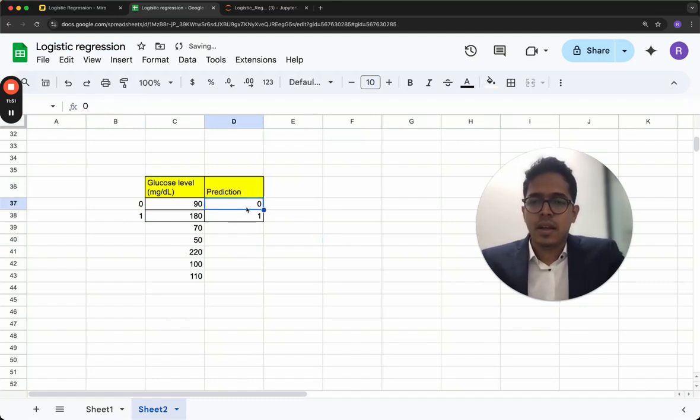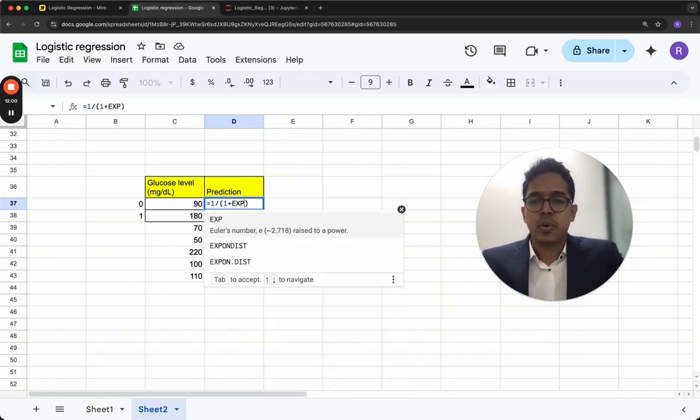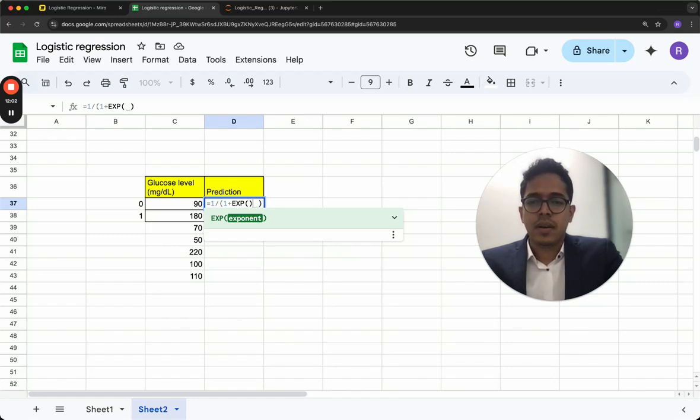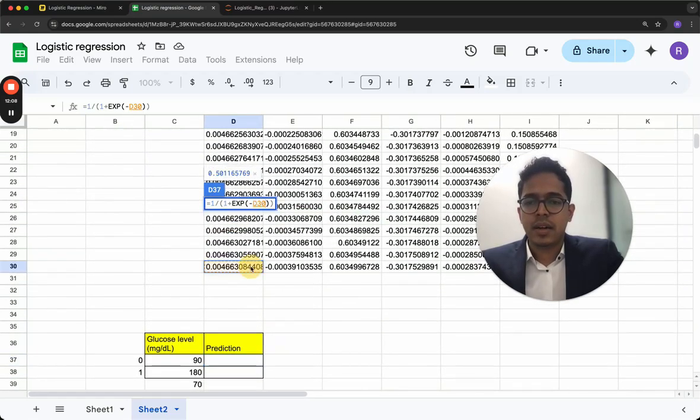Prediction will be equal to 1 by 1 plus exponent of minus W times X plus B, because we are using logistic regression.